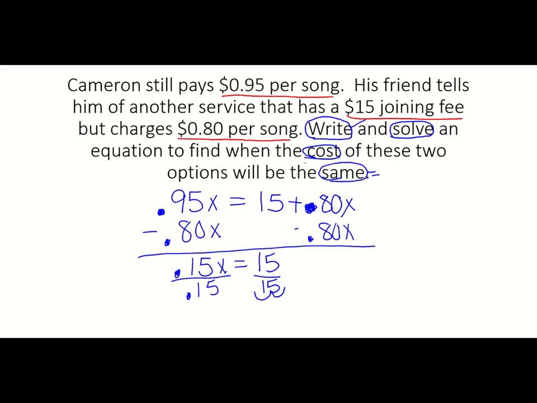If the numerator is a whole number, then we add that many zeros. So 15 into 1500, 15 goes into 15 once, and then there's 2 zeros left. So for this one, x is 100. And again, I want to put it in context. What was x representing? x was representing the songs. So at 100 songs, these two options would be equal to each other.